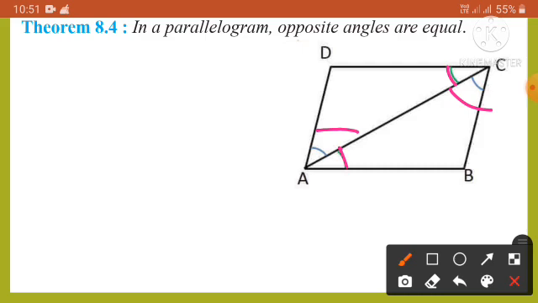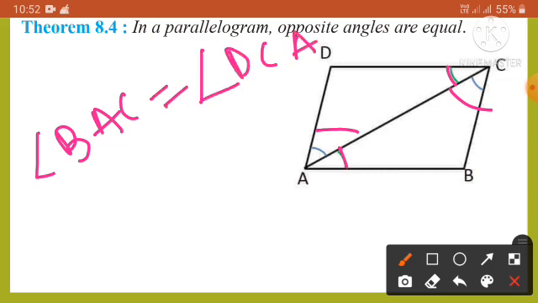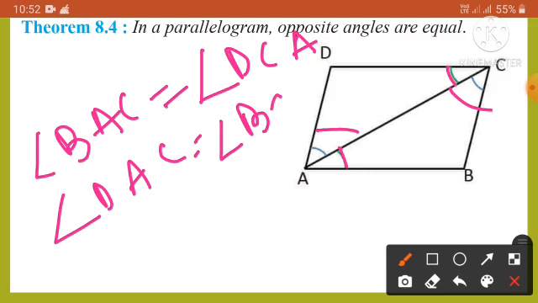Now if I add those angles, angle BAC equal to angle DCA, and angle DAC is equal to angle BCA.